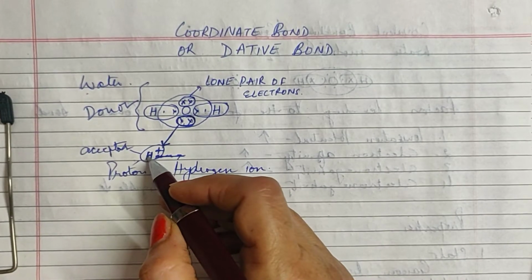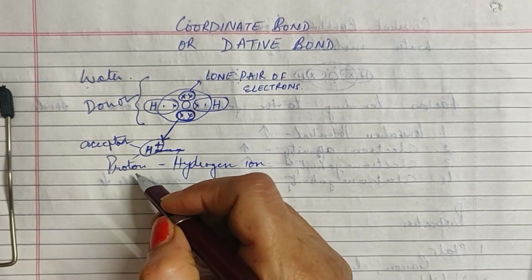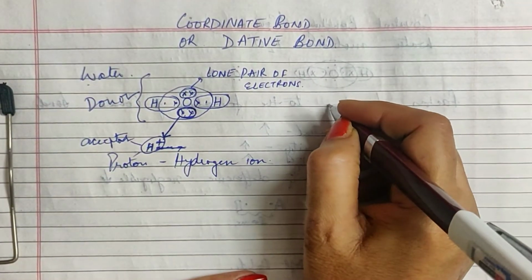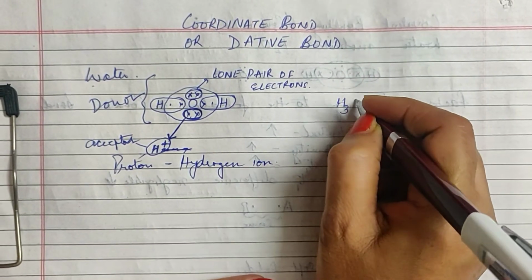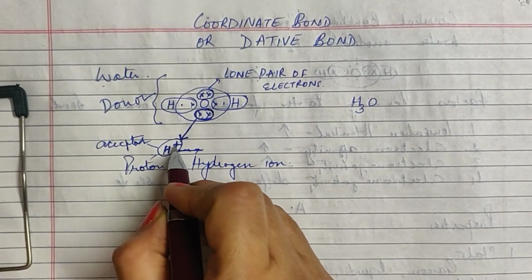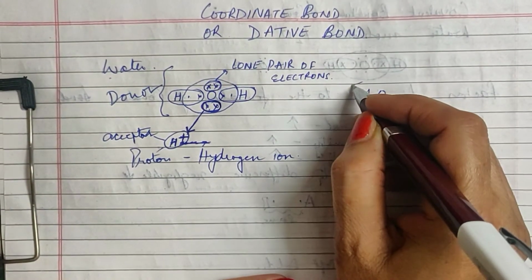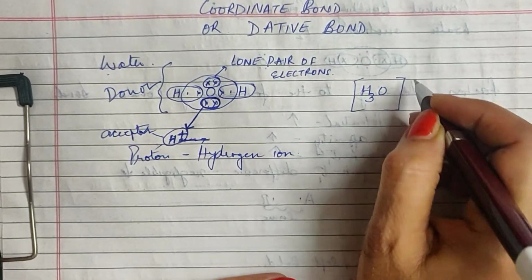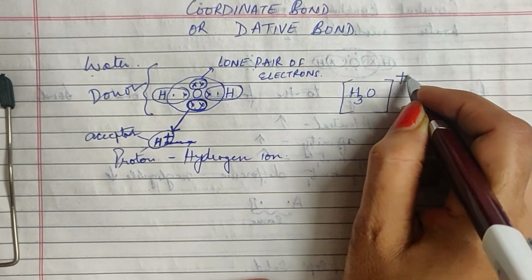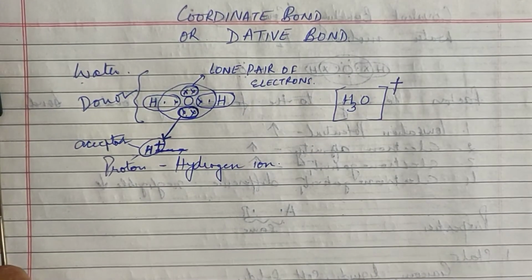When this hydrogen ion gets associated with water, then it becomes H3O, and this charge which is present over the hydrogen ion is distributed over the entire molecule, and you write it as a positive charge like this.